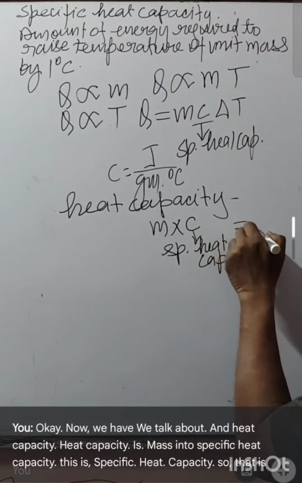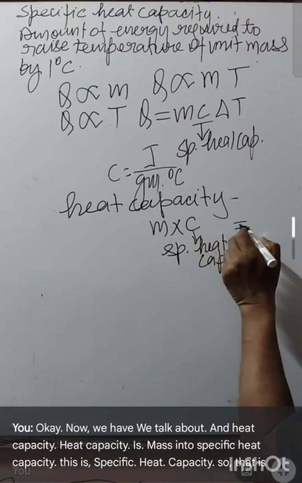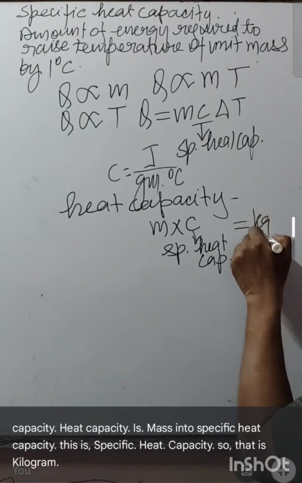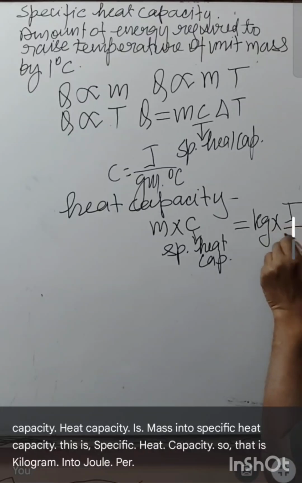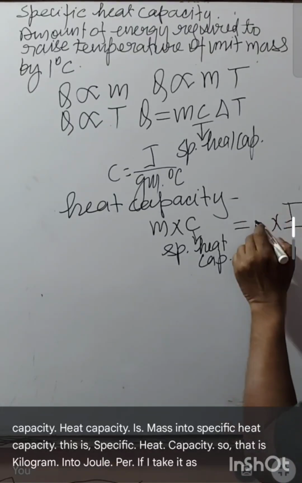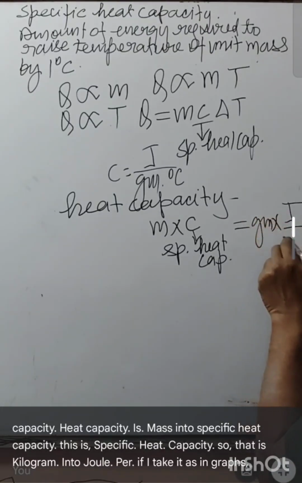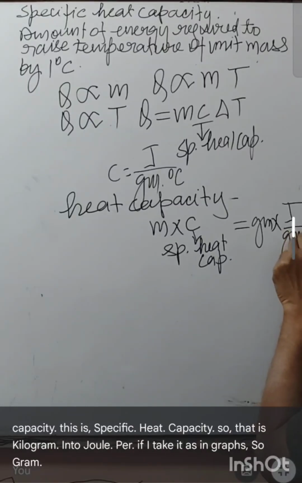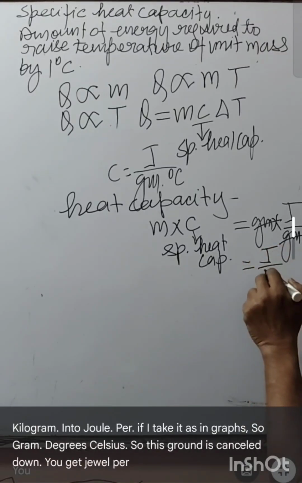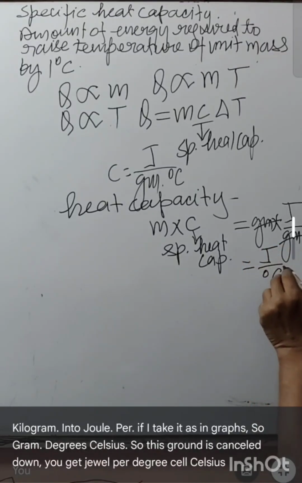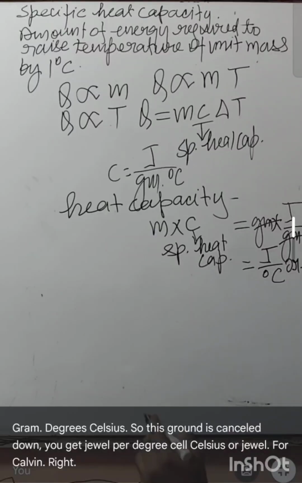So that is kilogram into joule per, if I take it in grams, gram degree Celsius. So this gram and gram is cancelled out. You get joule per degree Celsius or joule per Kelvin, right?